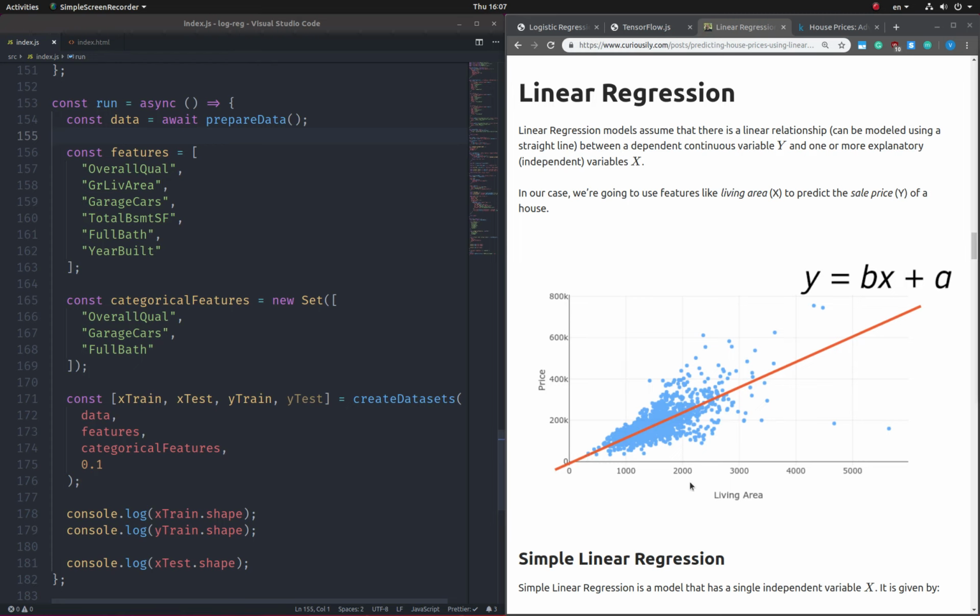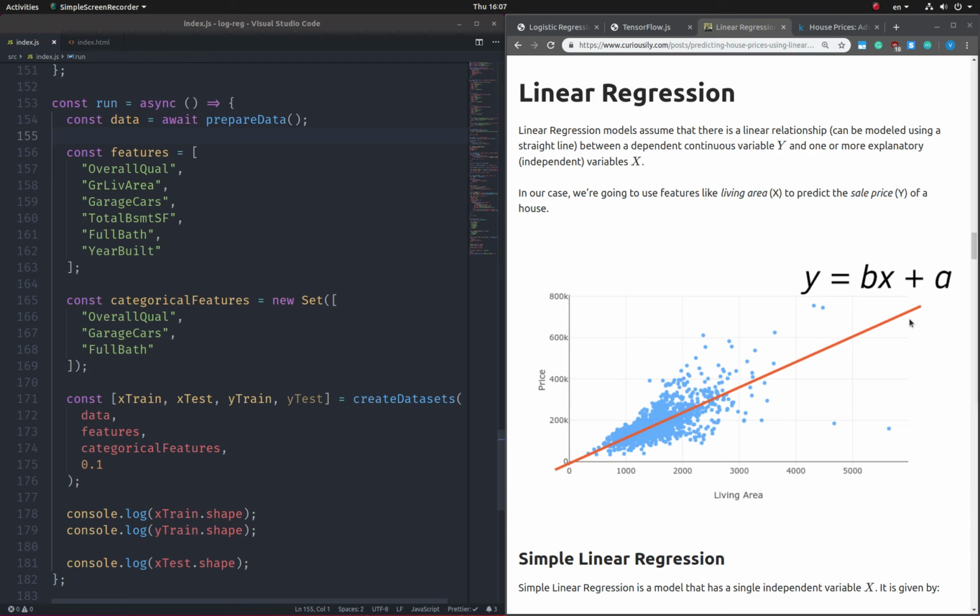So in this example right here, if I go to the 2K living area, or the 2000 square feet living area, the expected price of the house is right about 220k USD. Okay, so as you can see, linear regression is pretty simple.